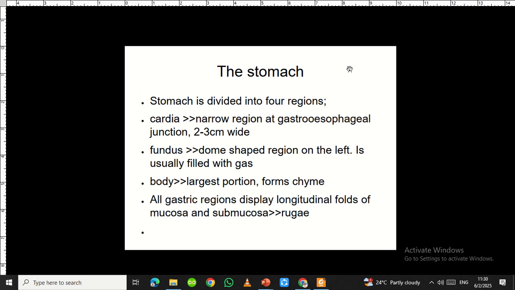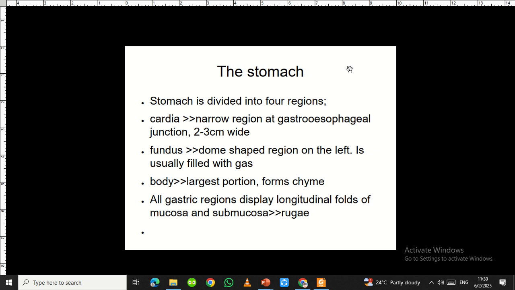Now let us take a look at the histology of the stomach. So the stomach is divided into four: the cardia, the fundus, the body, and the pyloric part. The cardia is the narrow part at the back, right?